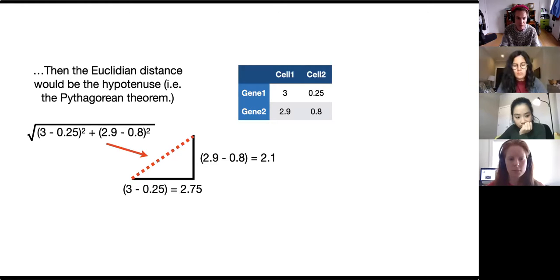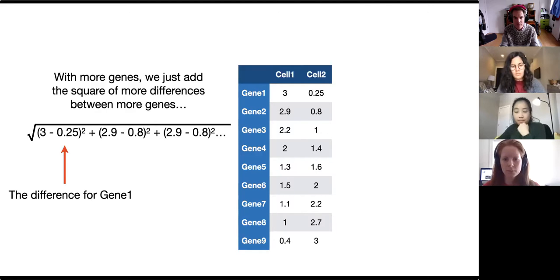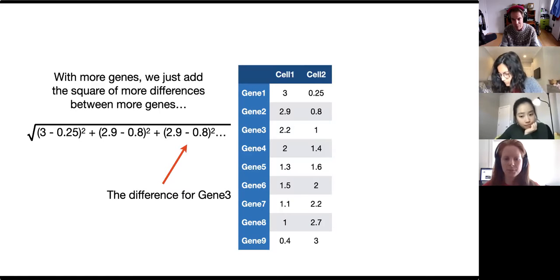So b squared plus c squared equals the hypotenuse squared. When there are more genes, we just add the square of more differences between genes. The difference for gene 1, the difference for gene 2, and this is actually a copy and paste error. That's actually supposed to be the difference for gene 3, but it looks a little messy.